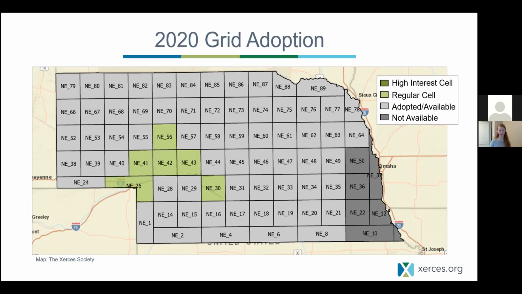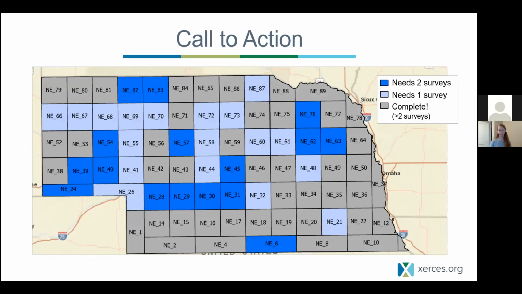We wanted it all across the state. And so we thought we would highlight all of the cells here that needed surveys. So the dark blue areas are grid cells that had absolutely no surveys. And the light blue areas are cells that only had 1 survey.